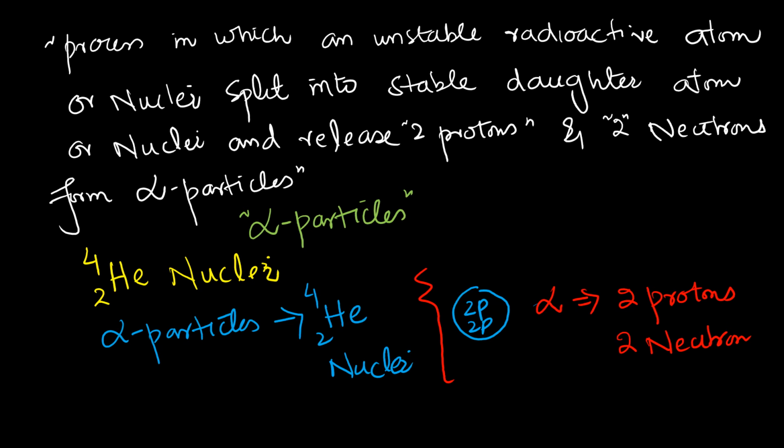Now, students, let us give an example of alpha decay. Consider uranium-238. The subscript 92 represents the atomic number.